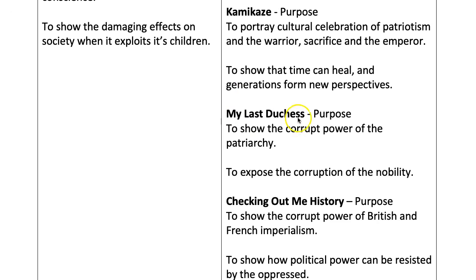We could also compare it to My Last Duchess, which shows the corrupt power of patriarchal society, so the Duke is male, and it also shows the corruption of the nobility, because it's a Duke after all, and he's used by Browning to represent all those with inherited power and inherited wealth, just like the Church, Parliament, and of course the monarchy.